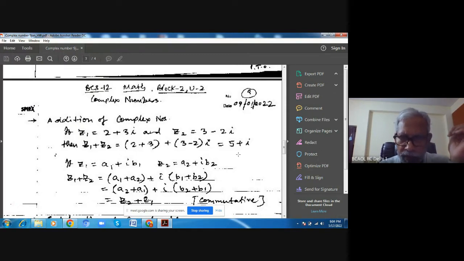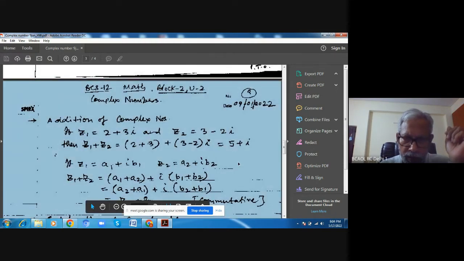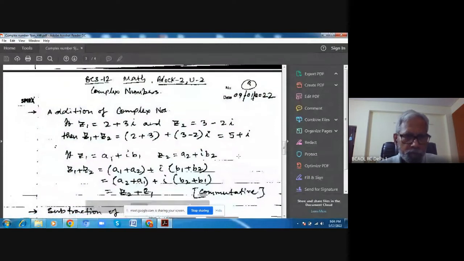So finally you get 5 plus i. So this is your addition. In case of addition, you have to be careful about it. And if Z1 is 3 and Z2 is another, then Z1 plus Z2 you can get another one. So this is the way at the time of addition.